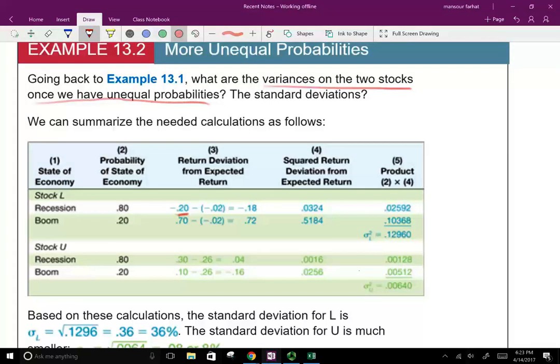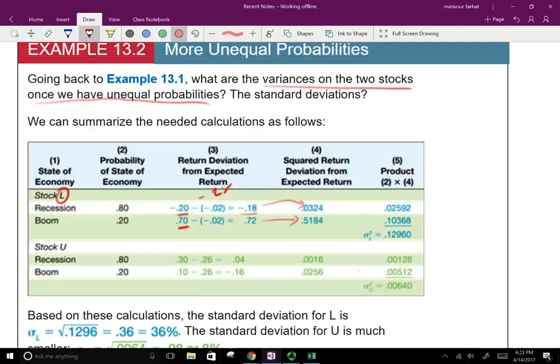Negative 0.2 minus negative 0.02, and 0.7, which is a 70% return, minus negative 0.02, because remember, this was the expected return for stock L, negative 2%. So the deviations are negative 0.18 and 0.72. Now we square the deviation.